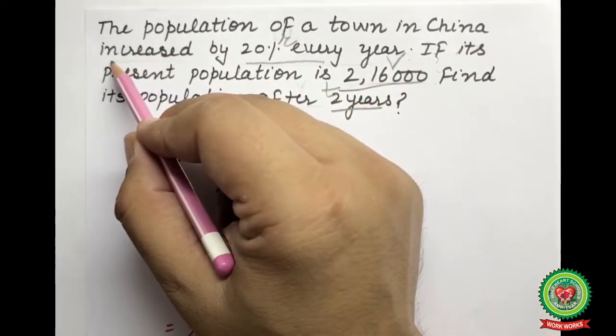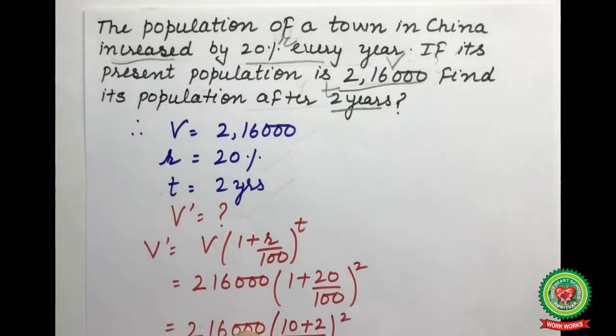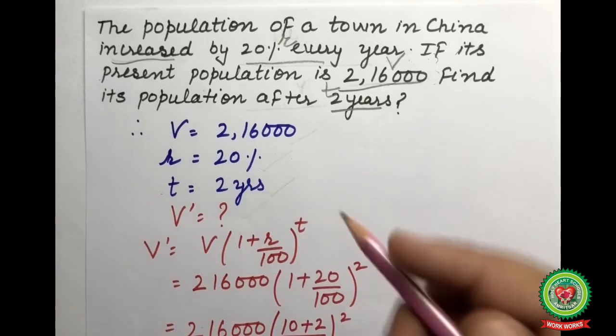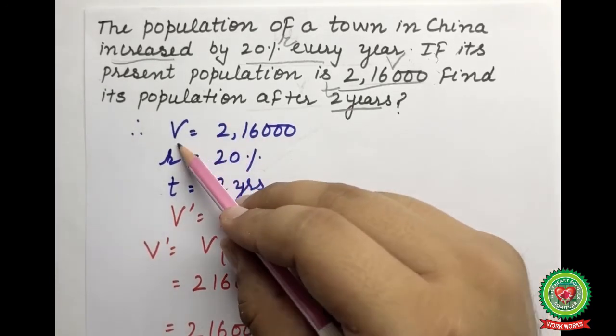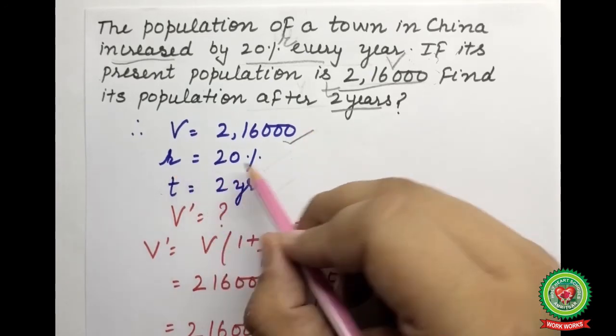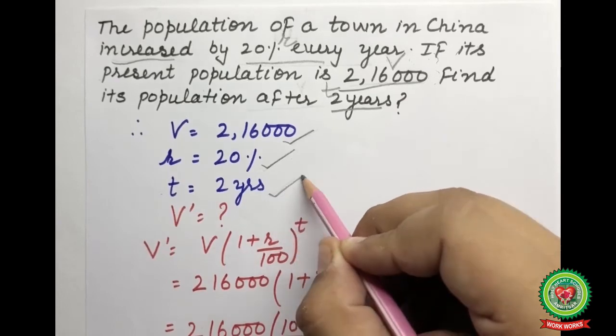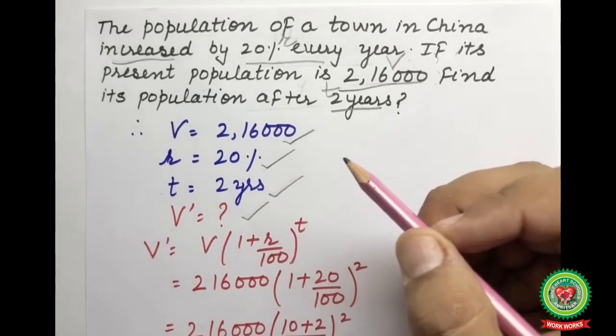As we are given the word increased, so we are going to use the formula of growth. That is, we are going to use the formula having a plus sign. So we have written what is given to us. We are given that V is equal to 2,16,000, R is equal to 20%, T is equal to 2 years, and V dash we need to find.